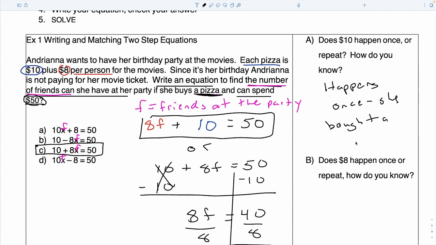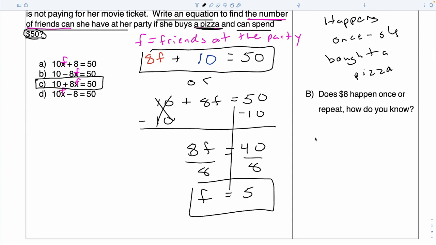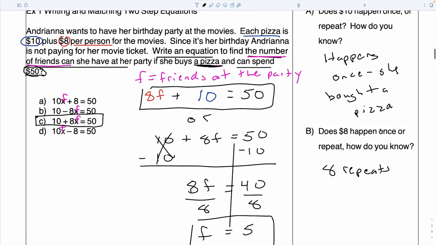The thing that happens 1 time is going to be the one without the variable. Does 8 happen once? 8 repeats because it says per person. The thing that is next to per person or every person is going to be your clue that it repeats, and it's next to a variable.